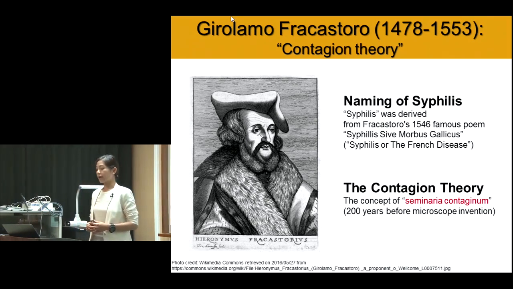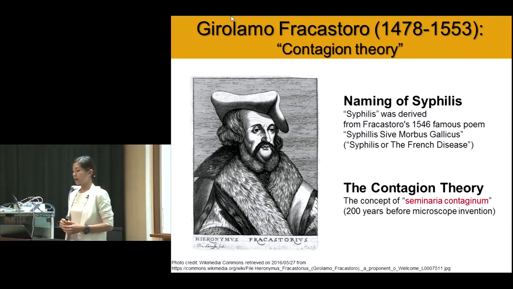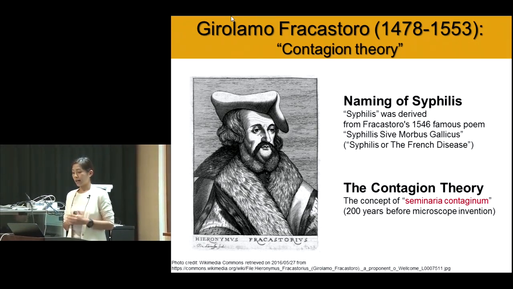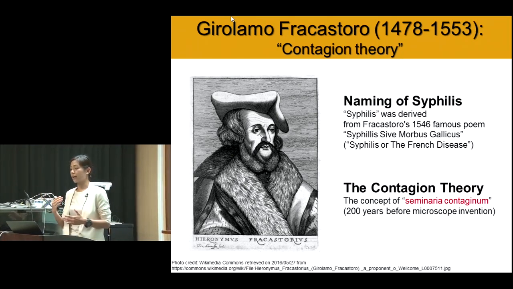He proposed 3 modes of transmission of contagious disease. First, by direct contact from person to person, through contact with fomites, and also through the air.